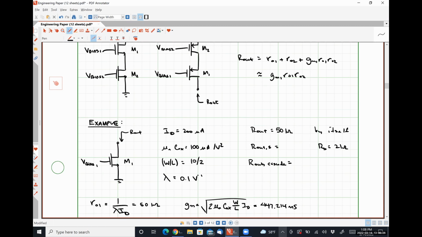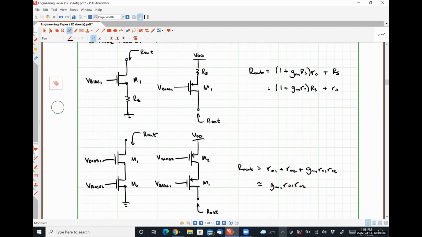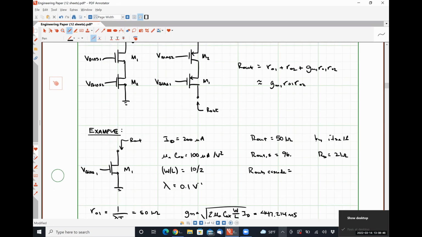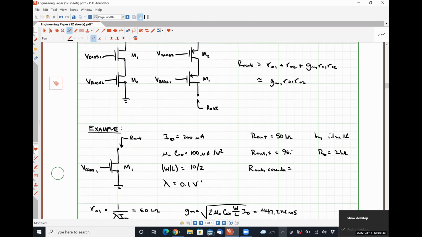So if I plug R01 and gm into this expression up here, what I get is 96.721 kilo ohms.